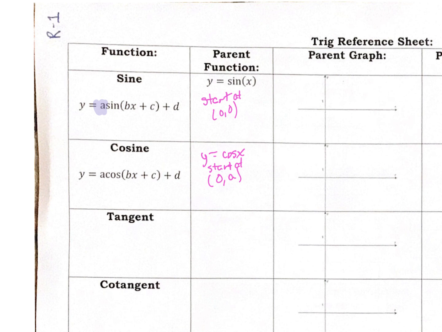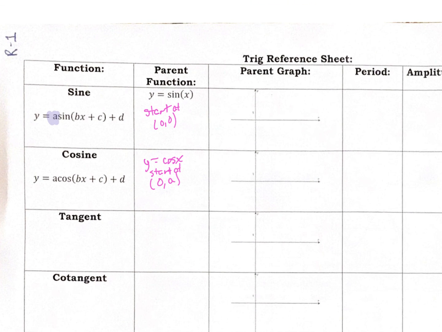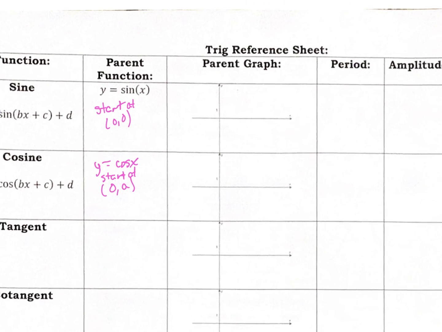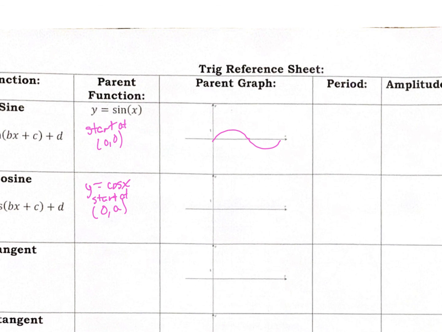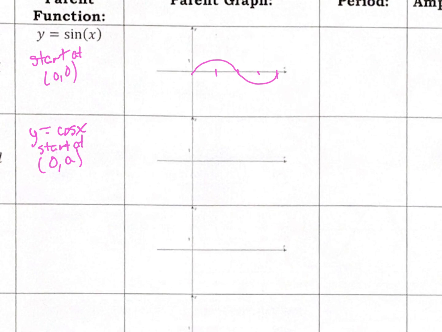Cosine starts at 0, a, either positive a or negative a, whatever that value is. Okay. It's up to you how thorough you are in terms of what you draw in here. I'm just going to draw the basic shape of that sine curve to help me remember that. You might need to draw in tick marks and hash marks if you think that's going to help you do that.